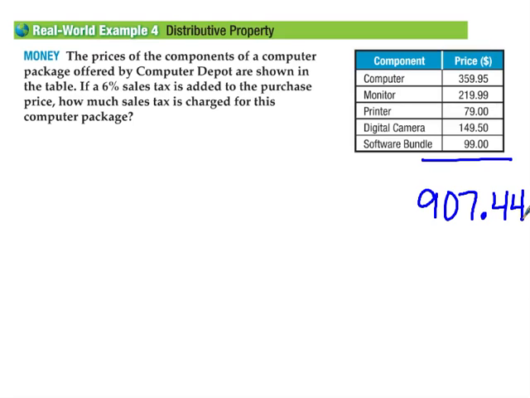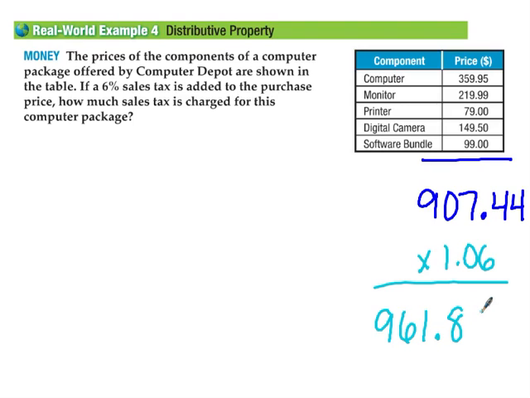So now, normally, you would take it times 6% and then add that and all that. I'm going to show you a little trick. Take it times 1.06 and tell me what you get. $961.87? 89.